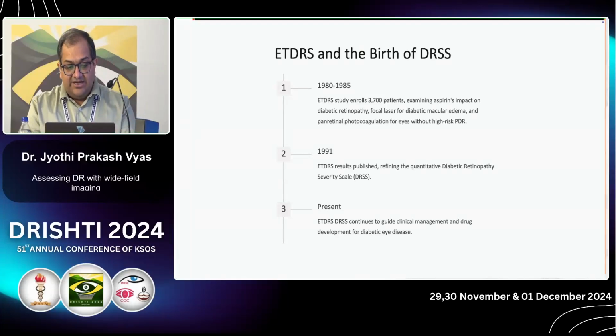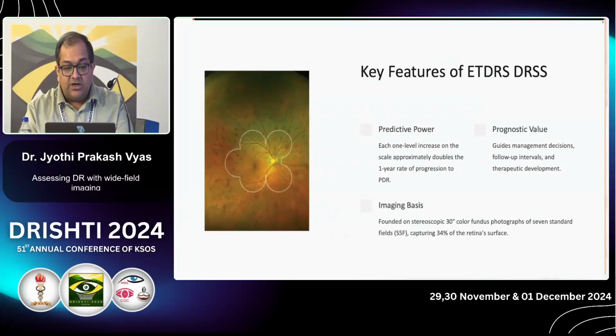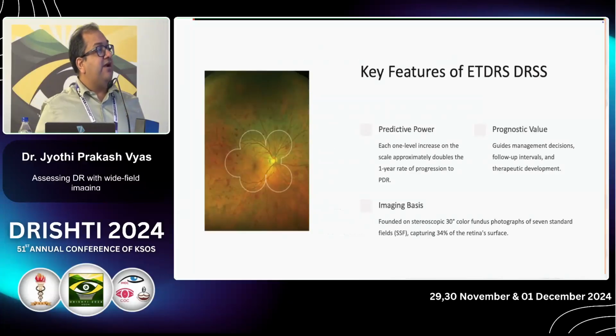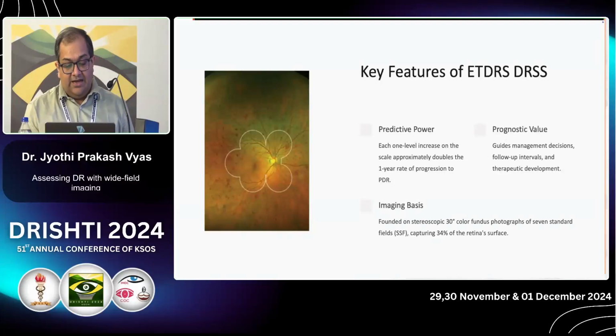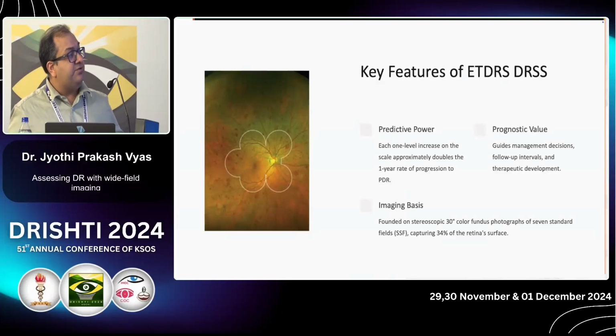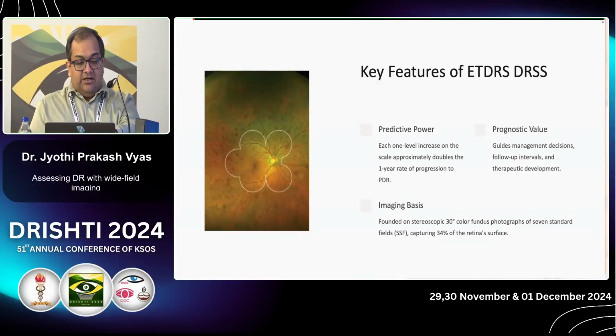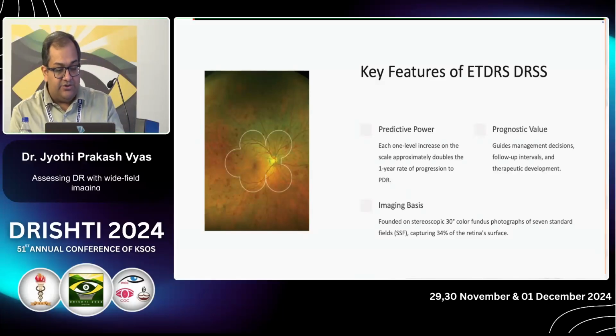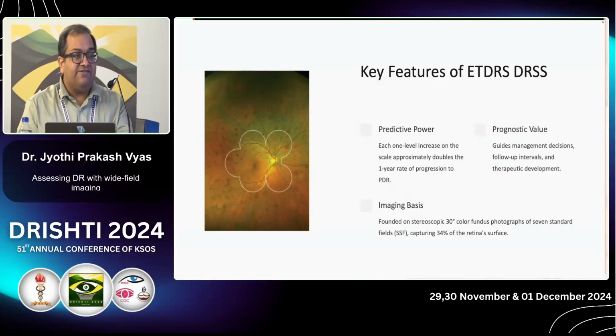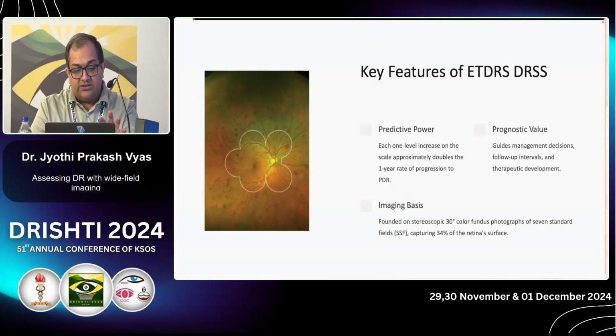Now, the change came after a publication by Dr. Silva et al. in 2015, which highlighted the features of wide field photography and angiography in diabetic retinopathy. The photograph to the left of your screen is a wide field angiography, and the delineated clover leaf pattern is the standard 7-field photograph identified in ETDRS, which has been used over the past so many years.